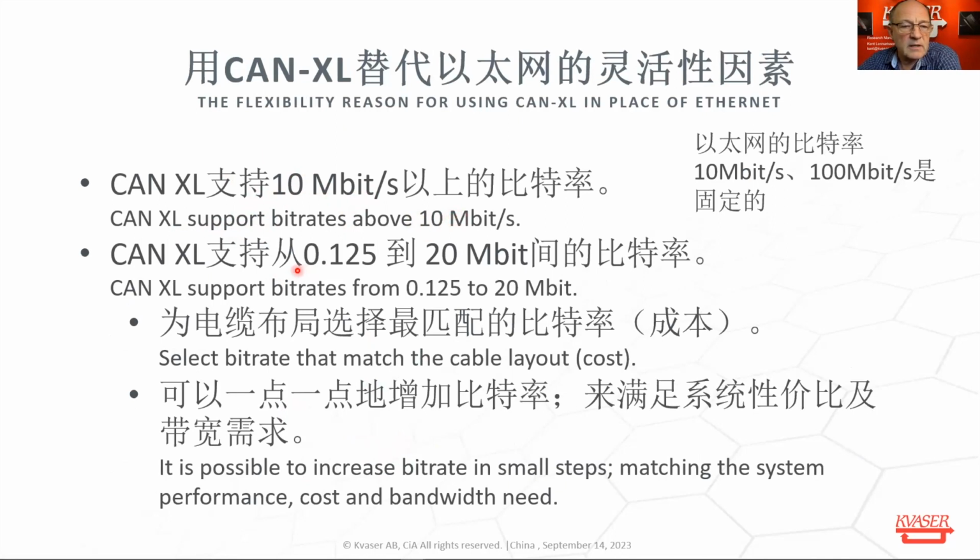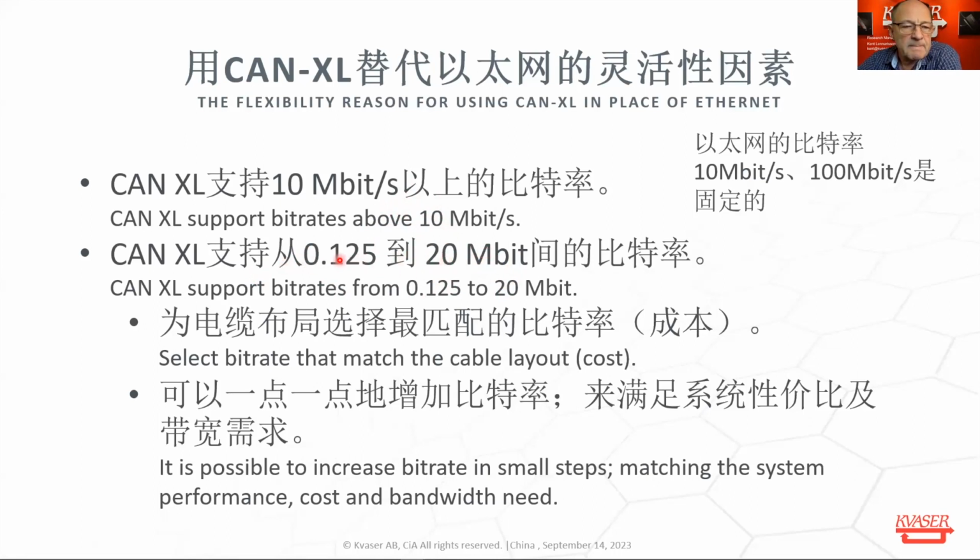And actually, the problem with Ethernet today is that it can only support 10 megabit or 100 megabit, and 100 megabit is almost impossible to use on a drop line. It's only suitable for point-to-point. But CAN-XL can easily, as proven in Detroit, as you see in the first presentation, where we went to 20 megabit per second with 20 meters and 8 nodes connected.